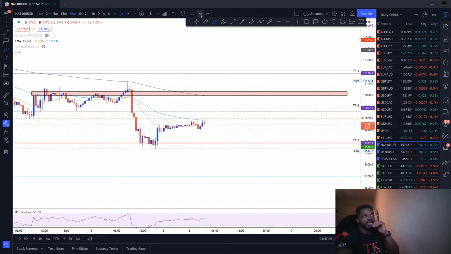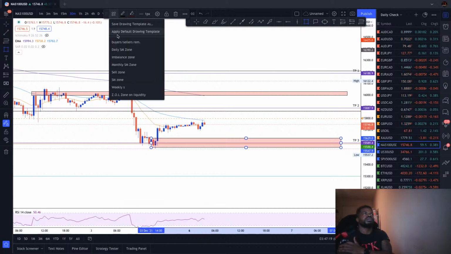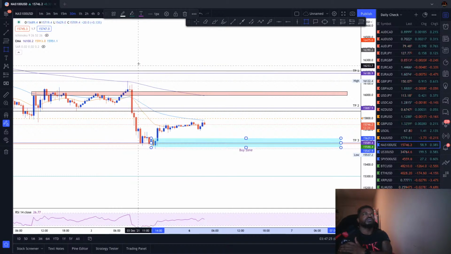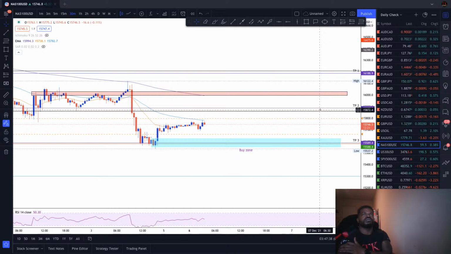So we're just watching to see how it plays out, but as of right now, looks like those are the different possibilities with the movement in NASDAQ 100. So what we will do, set an alert. Cool.